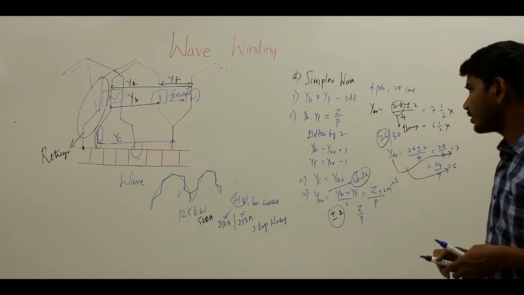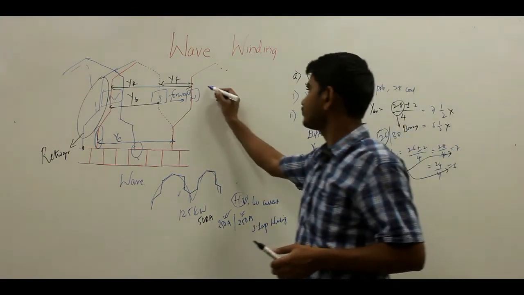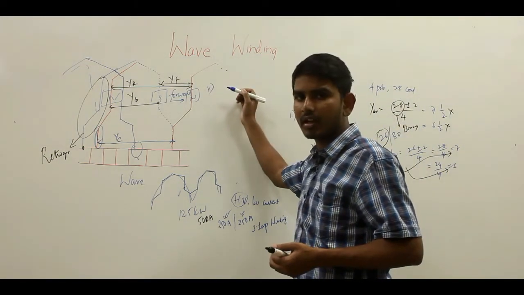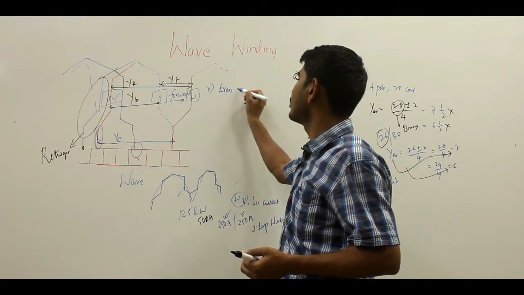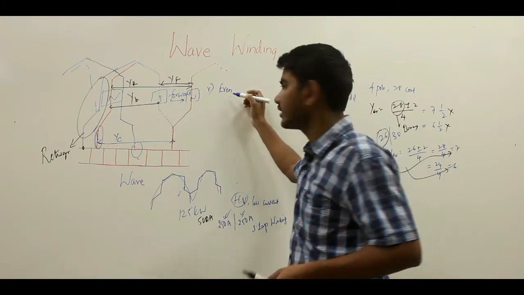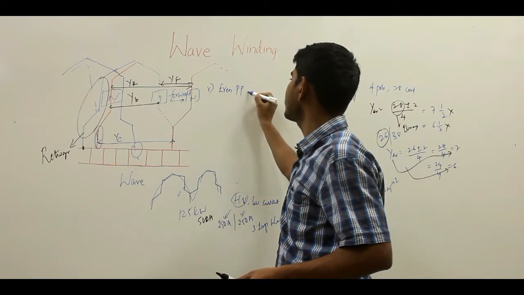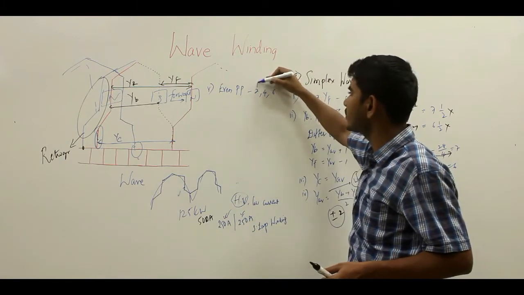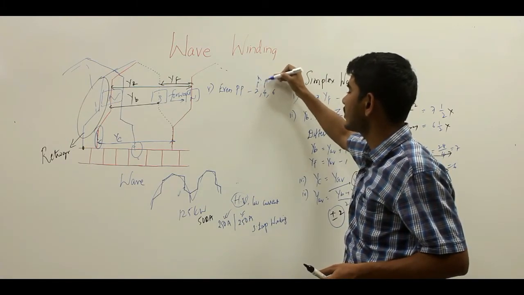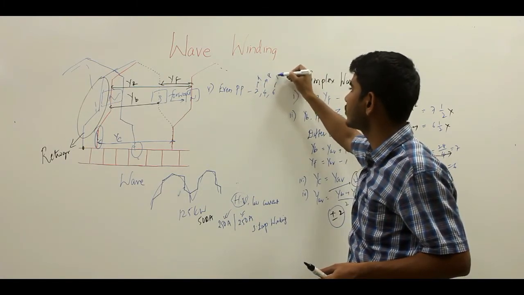And the 5th point I shall talk about is for even number of pole pairs, let me say 2, 4, 6. So when I say 2 pole pairs, that means you are having 4 poles. When I say 4 pole pairs, you are having 8. This is 12 poles.